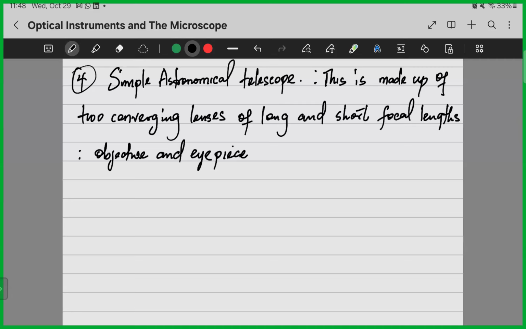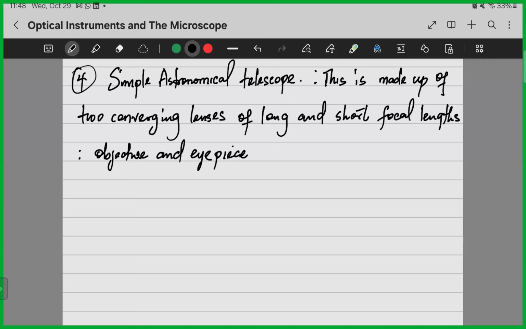Like the first one we made before, the compound microscope is used for tiny objects.